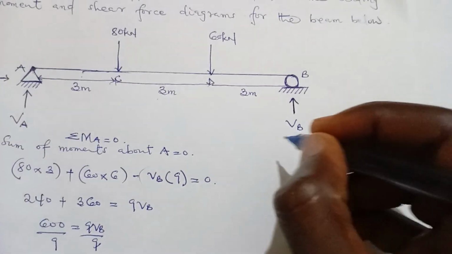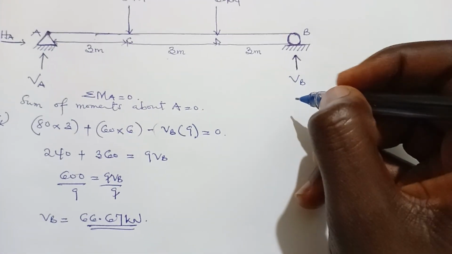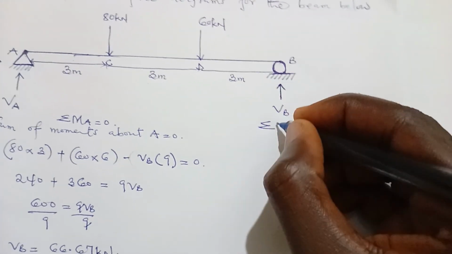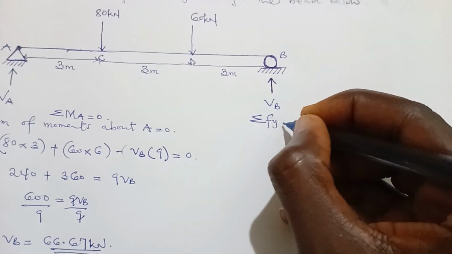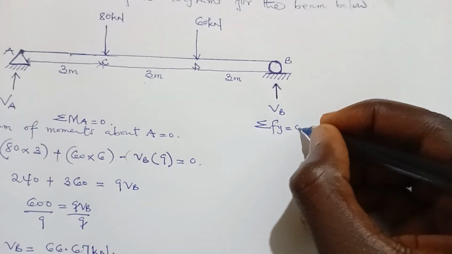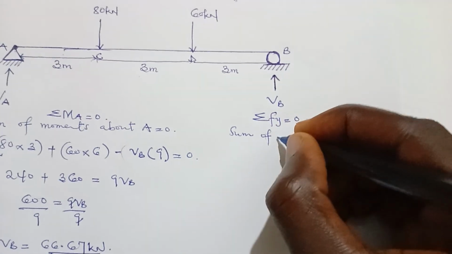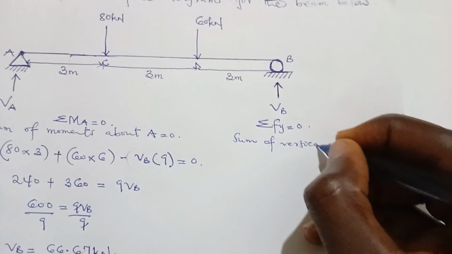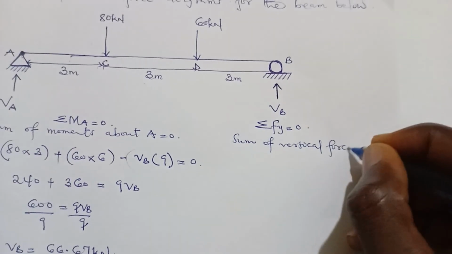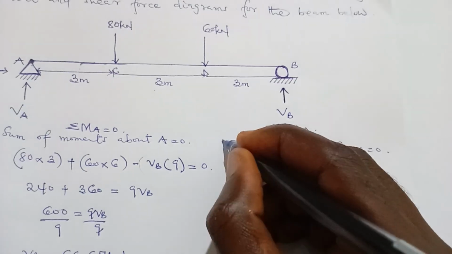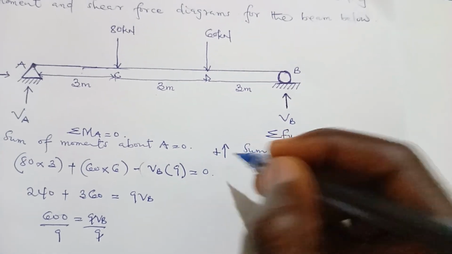Now you have to make use of another equilibrium equation, and that's the sum of vertical forces. You can call it sigma Fy is equal to 0. Let's take forces moving up to be positive.